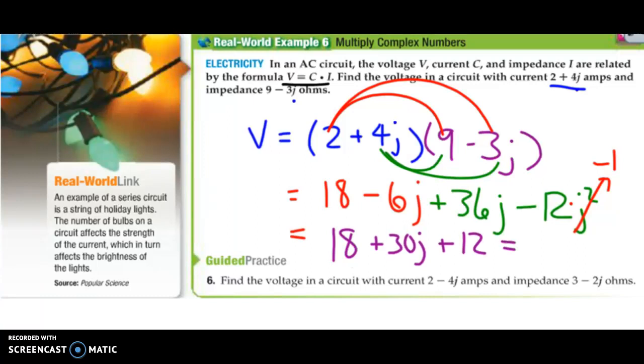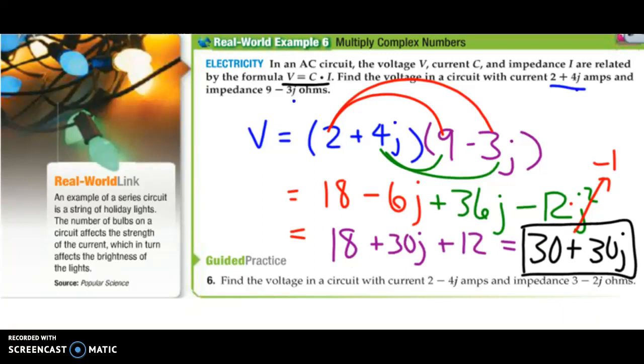And so my final answer then, 12 plus 18 is 30, plus 30j, is my final answer. Now you'll notice that when we square those j's, they drop off, and we end up getting just two terms in a complex form where you have a real number and a complex number. Okay? Here's a guided practice problem for number 6.